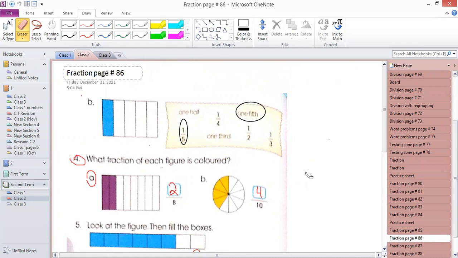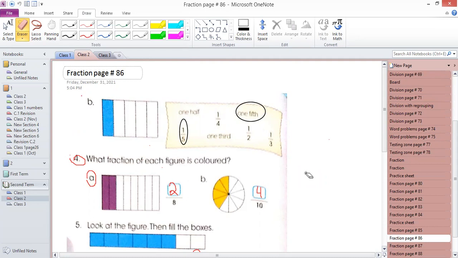Figure B is divided into 5 equal parts. Out of 5 equal parts, there is 1 part which is blue. So if I'm writing a fraction for the colored part, that will be 1/5. 1/5 of the figure is blue.